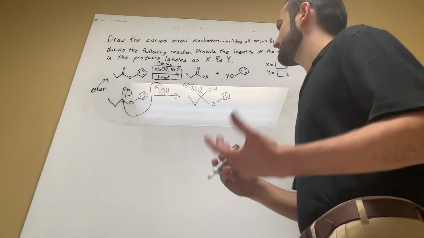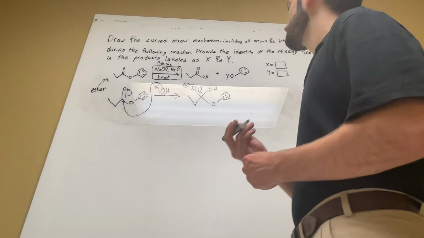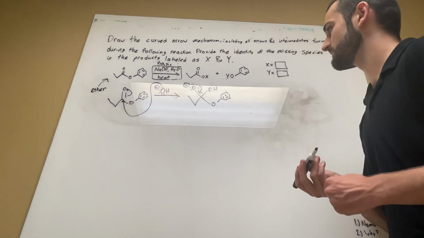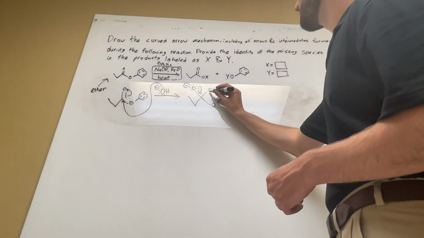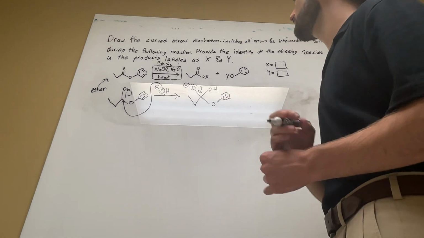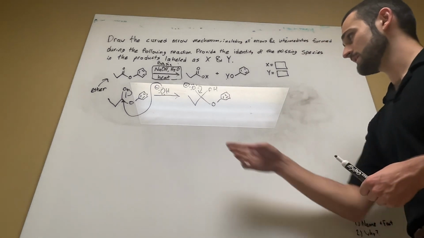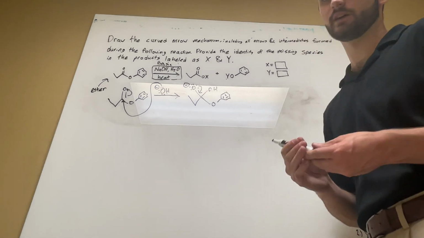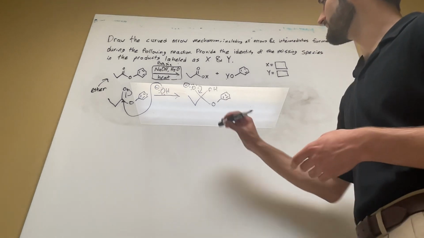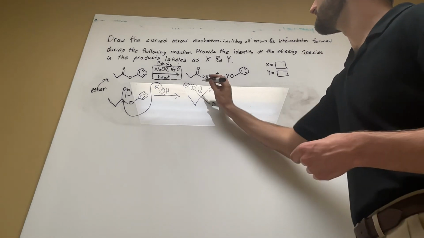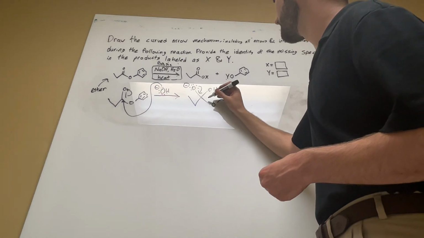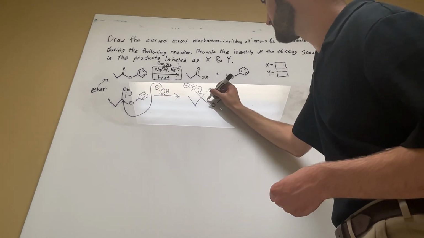You gotta go back and think about your leaving group abilities. A good way to think of that is looking back at your pKa's. We understand that right here, that's going to have a pKa equivalent to water, so a pKa of about 14. And this phenyl group is going to have a pKa of 10. So we know that this serves as more acidic. It's going to be much more favorable for this phenyl group to be kicked off there.